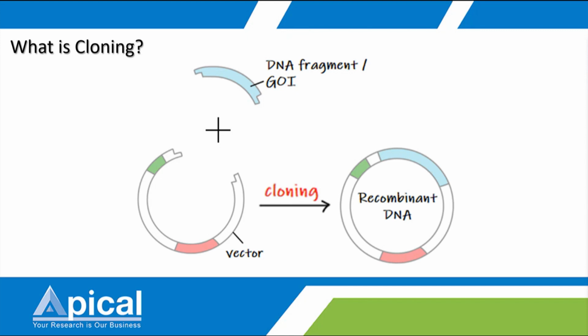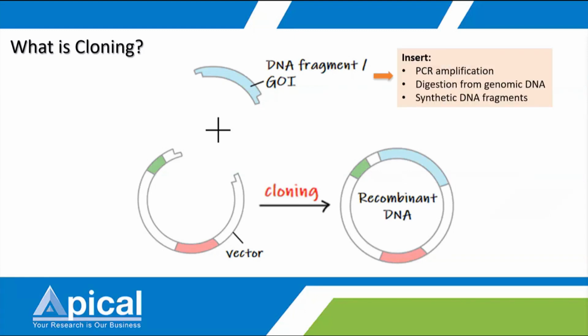The DNA fragment, which we call the insert, is usually the target gene you want to determine, either from PCR amplification, from digestion of genomic DNA, or from a synthetic DNA fragment, which means you request a manufacturer to synthesize the DNA for you.